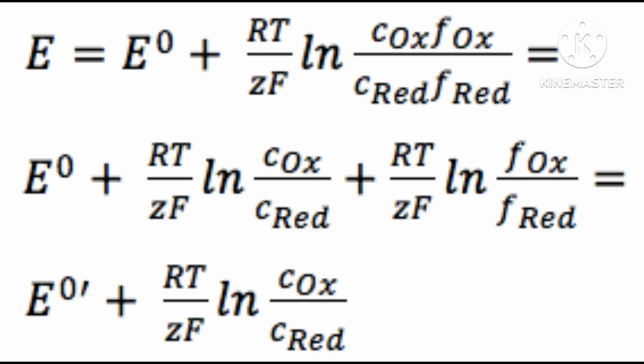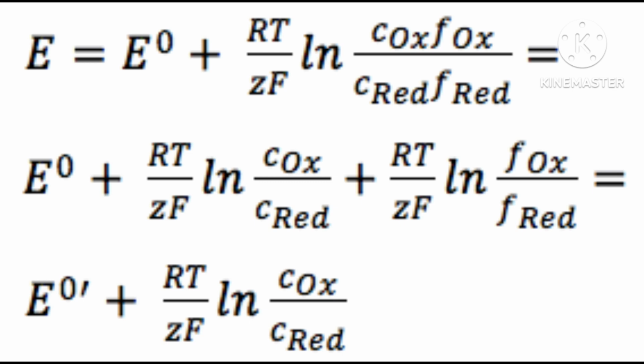Cu++ in reduction converts to the metal, Cu++ after taking electrons is converting to metal Cu. Hence near the E you write Cu++ oblique Cu. Correct? And that is equal to E naught.